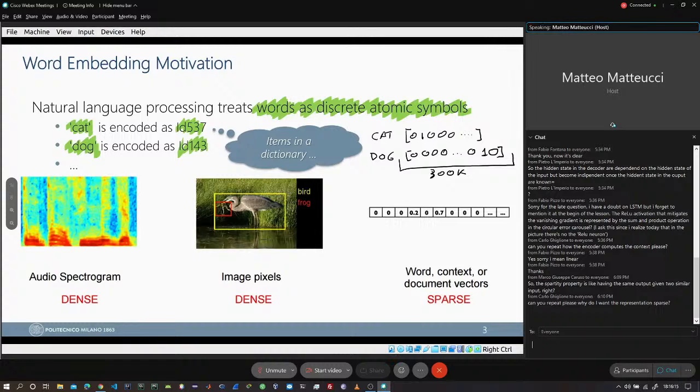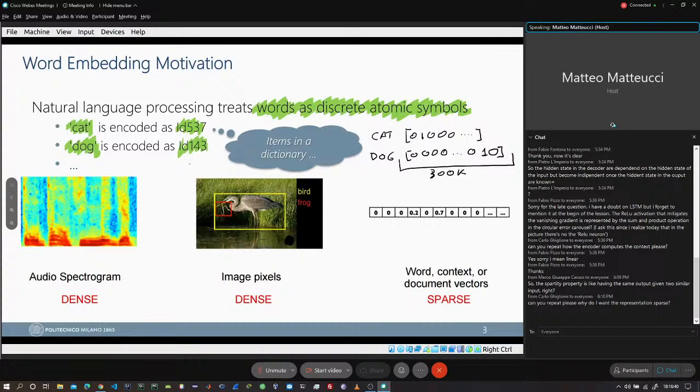So if you take an image and you remove some pixels like these ones, so if you make them black, you have not changed the sense of this image. I mean, it's a very small change.